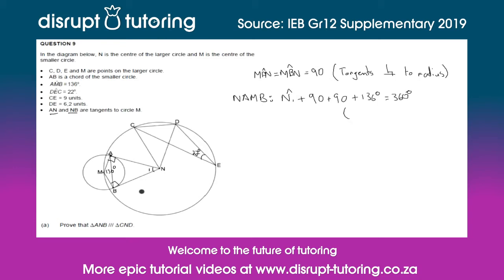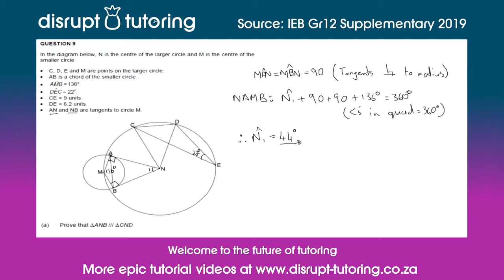And your reason here is angles in a quad equal 360. So therefore we know that N1 should equal, if you work it out in your calculator, 44 degrees. And I got that by saying 360 degrees minus 90 minus 90 minus 136 equals 44. Okay.